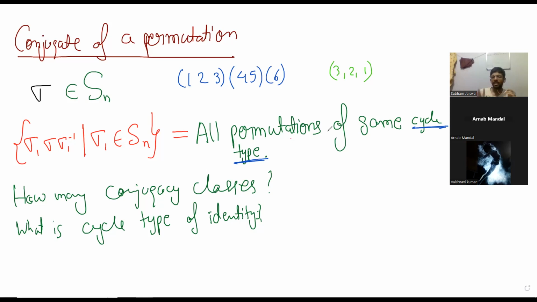But basically every cycle type is a partition. Correct? Yes or no? Yes. Every cycle type, these are basically partitions of n. And so you define it, and then this will be the number of partitions.